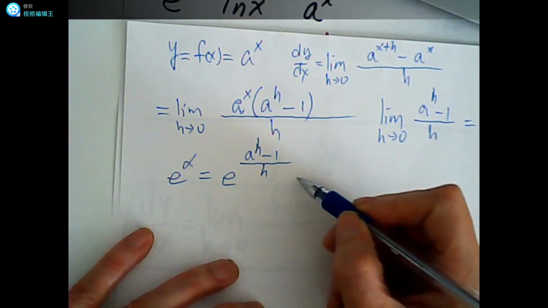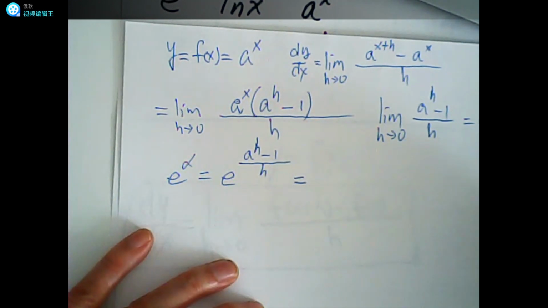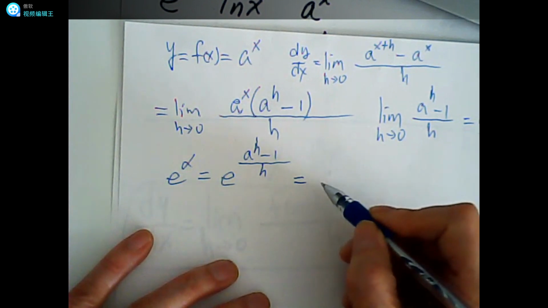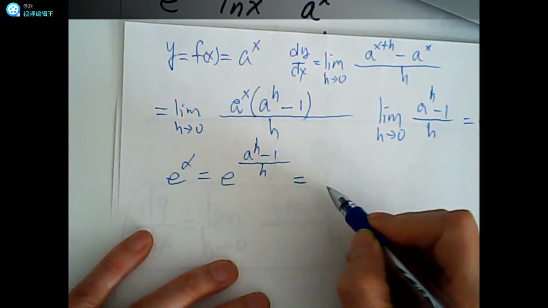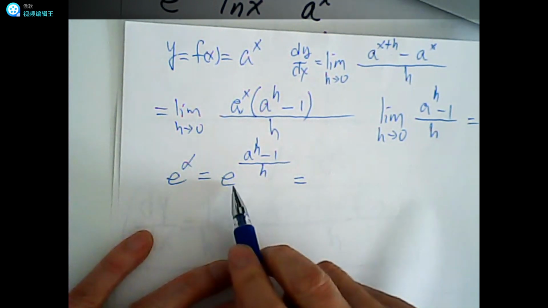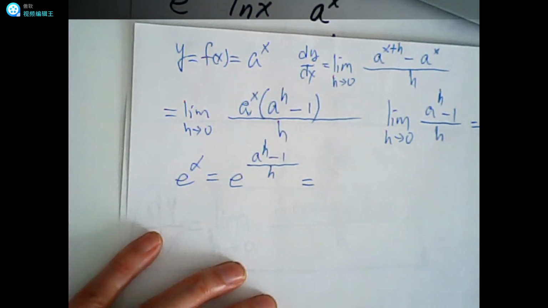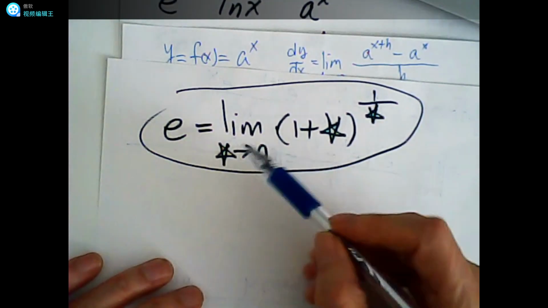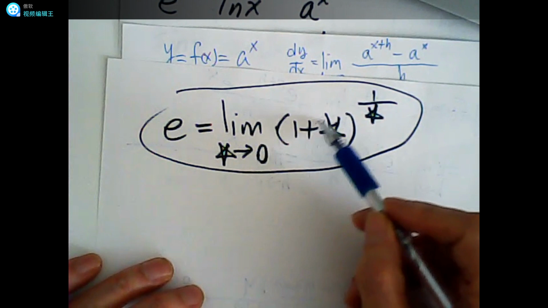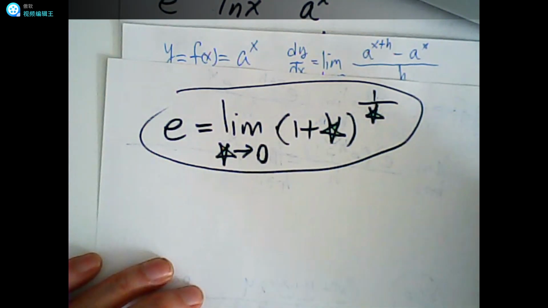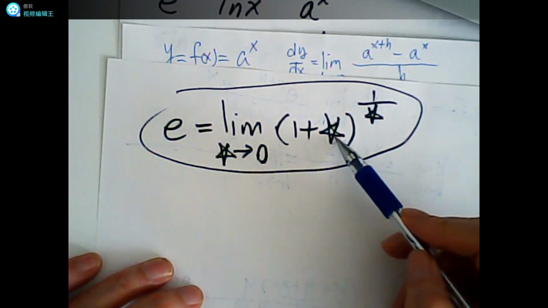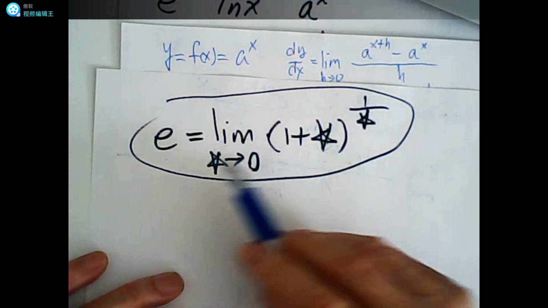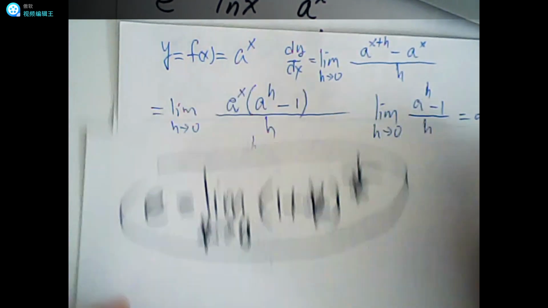This is rather tricky. This is equal to e. What's the e? Let's go back to e, which is this: star. The reason I'm using star is that it could be anything, as long as it goes to 0, and the exponent is 1 over star. Anything satisfying this gives e.